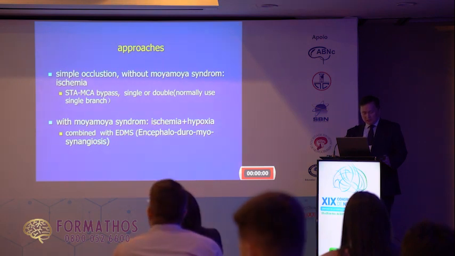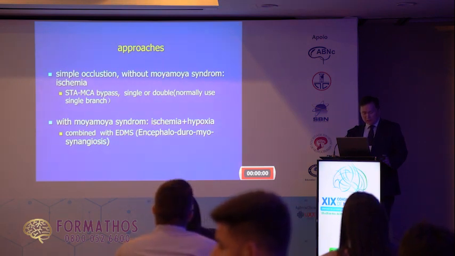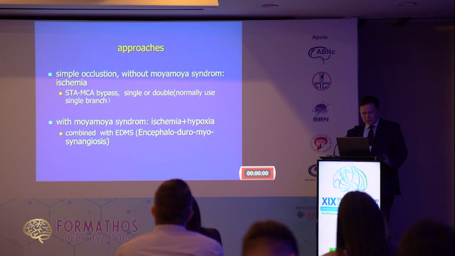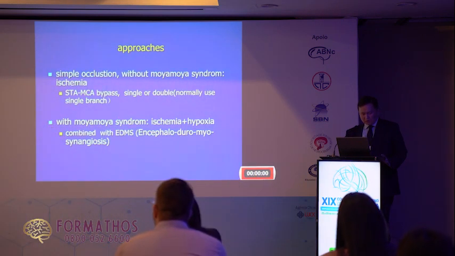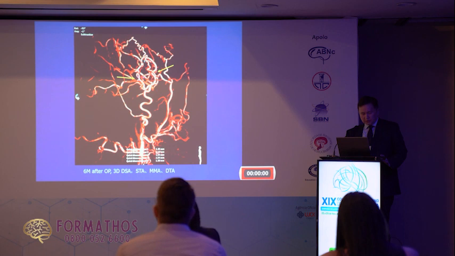For this kind of patient, simple occlusion without Moyamoya syndrome, we can use STA-MCA direct bypass. If the patient has Moyamoya syndrome, we still combine the EDMS. So this is a combined approach. You can see the STA enlarged a lot, double barrel bypass.